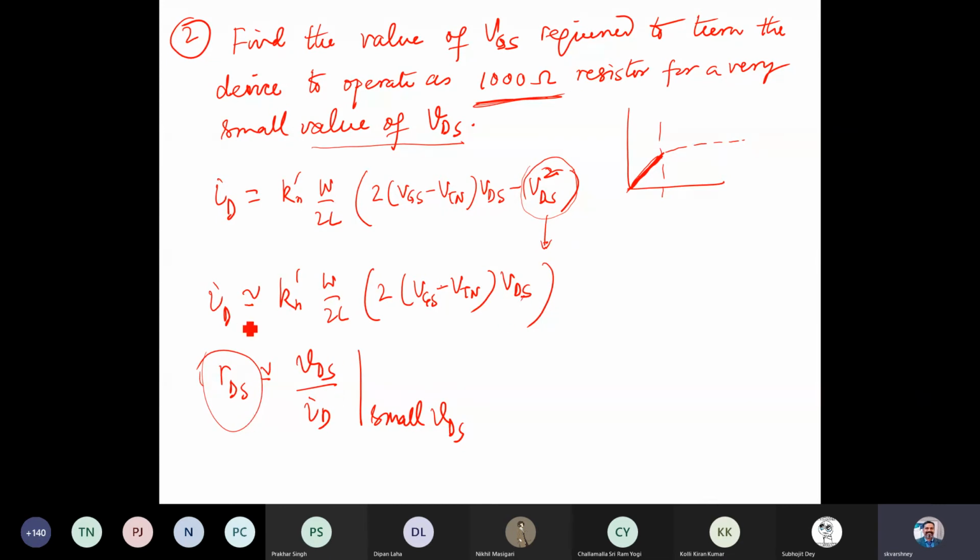What we have to find out is what voltage should be applied at the gate terminal so that it behaves as a 1 kilo ohm resistance for a very small VDS signal. That would give you the value of VGS from here, right? You may attempt it, find out the values, and we can discuss it this Wednesday.